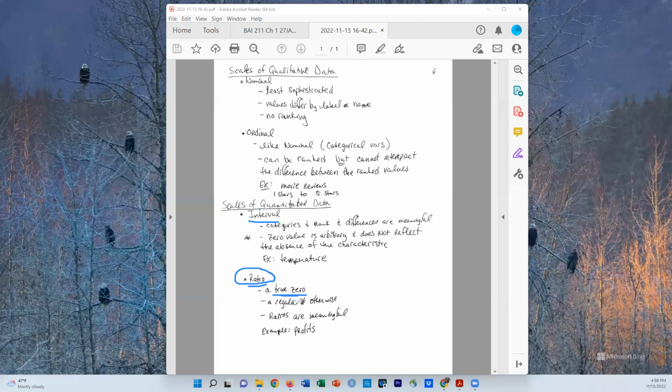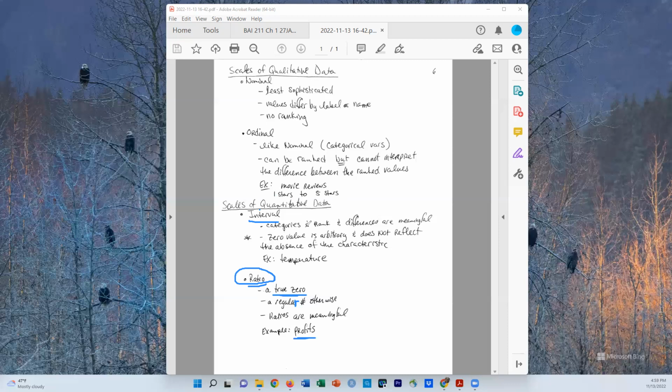And the reason it's called the ratio scale is because ratios are meaningful. So like profits, you can take a ratio of one number to another number. And like I said, the vast majority of numerical data is quantitative ratio scaled data. There is a subclass that has an interval scale.